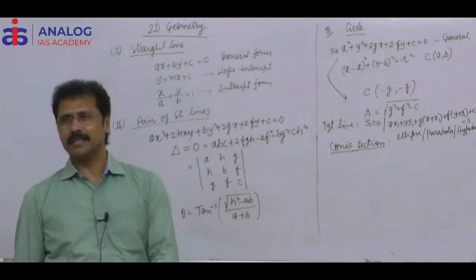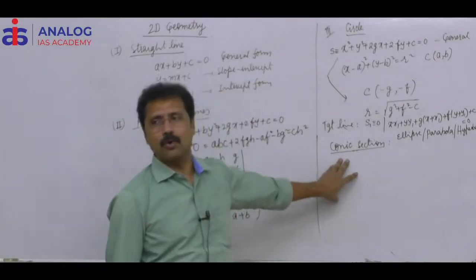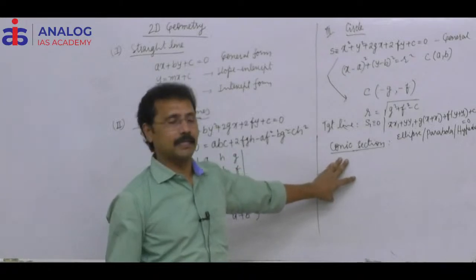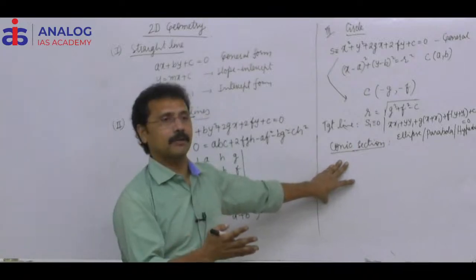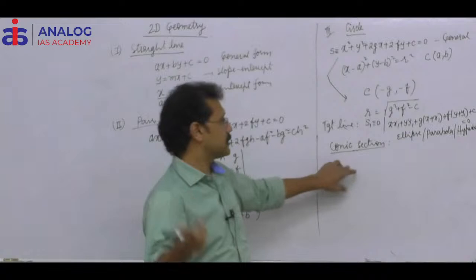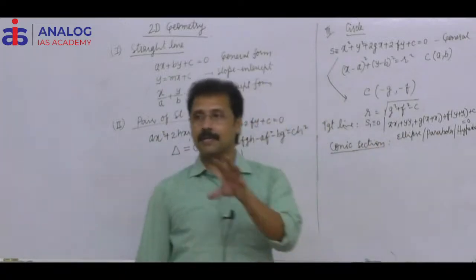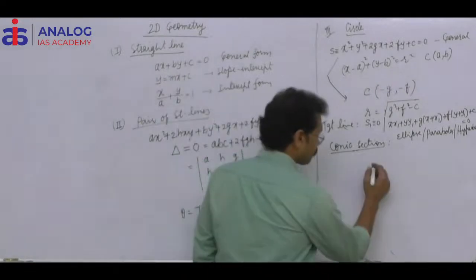It's nothing but this: if you take any right circular cone and section it by a plane, in different ways you can section the cone, different surfaces are formed. Each surface represents one of them. Even the circle is a conic section, for your information. For example, suppose I have a cone like this.